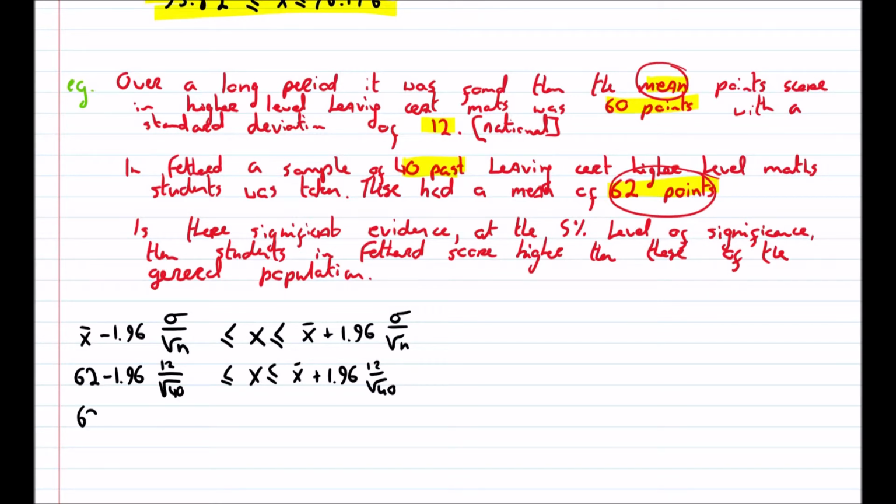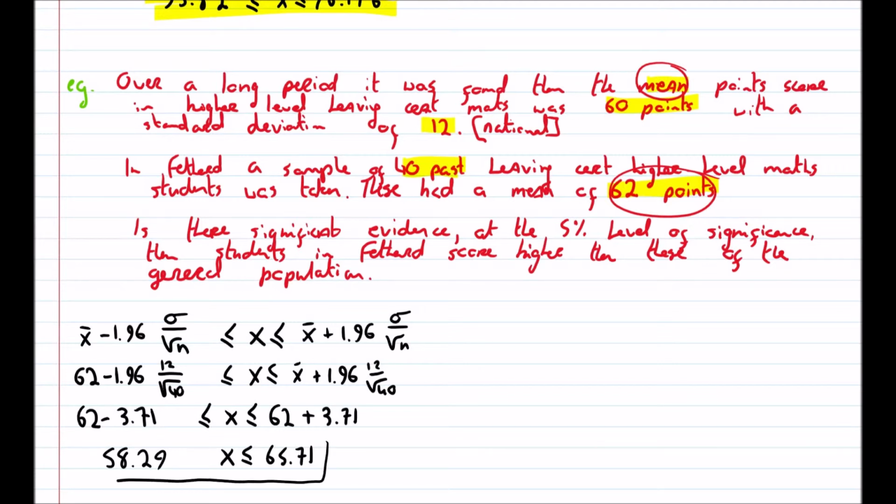So that's 62 minus 3.71, and again, 62 plus 3.71. Here we have 65.71 and 50.29 [sic]. So what we're saying there is based on our Feathered scores and our Feathered mean, the real Feathered mean lies between this and this.